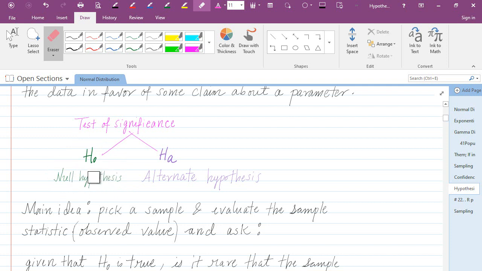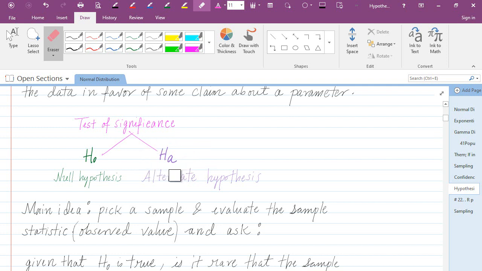Whenever we are testing a claim, there is usually another related statement, called the alternative hypothesis.